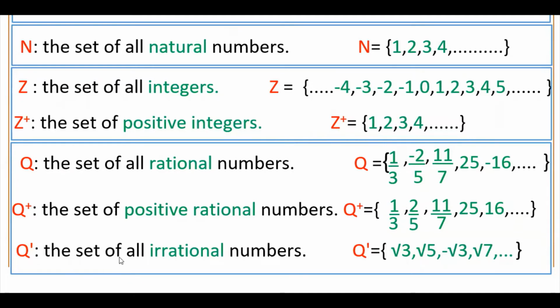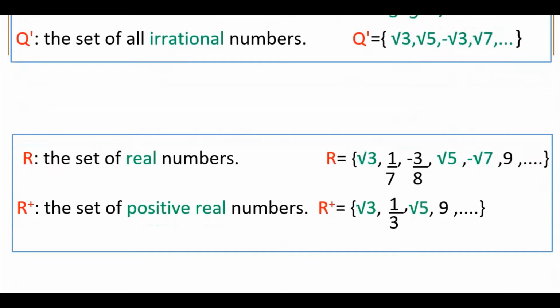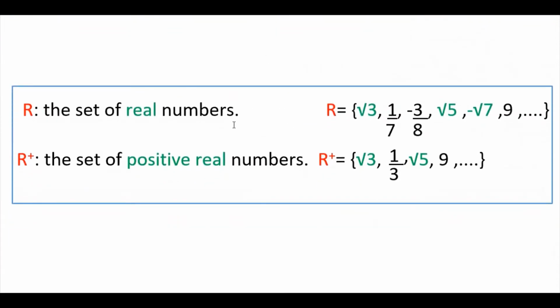And Q dash is the set of all irrational numbers. We know that the irrational numbers are √3, √2, √5, minus √3, √7, etc. These are called irrational numbers, and this set is denoted by Q dash. And next one is real numbers. We know that the set of real numbers includes the rational numbers as well as the irrational numbers.